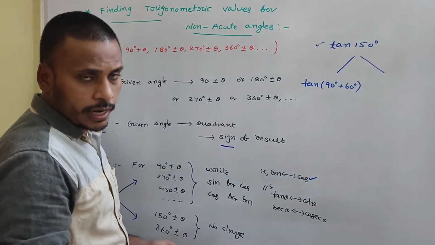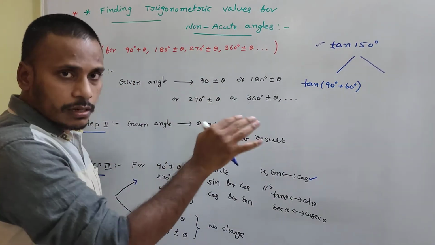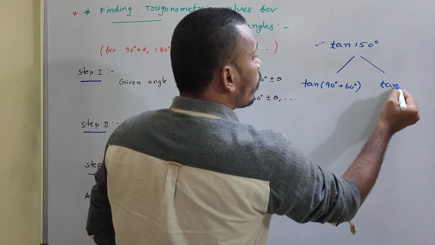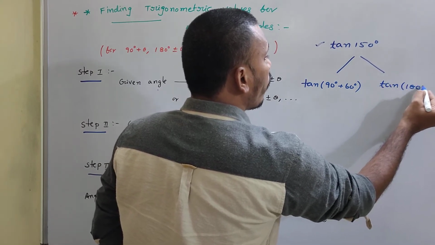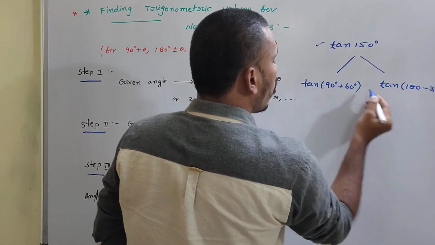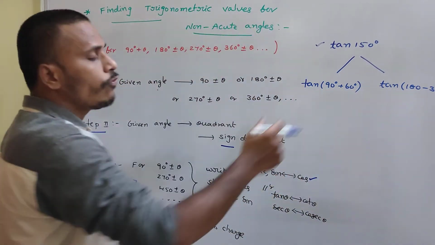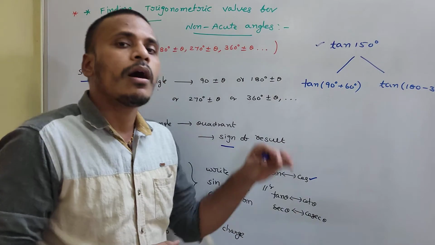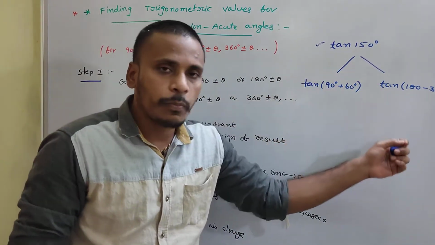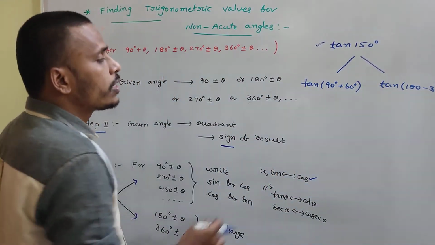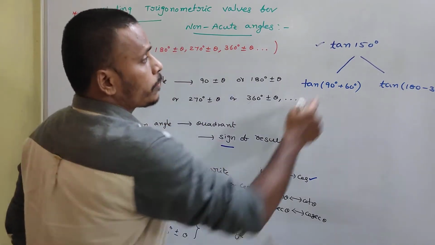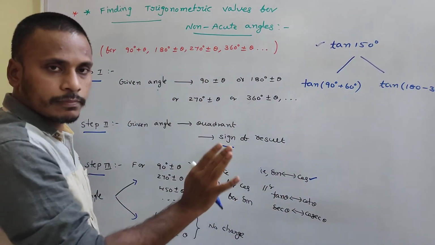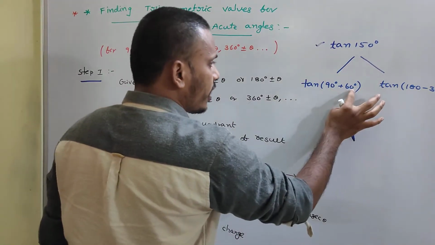Or the other way is expressing tan 150 degrees as tan of 180 minus 30. You can go in any one way, no problem, but as an initial problem I am giving you the explanation in both ways. Now, if you move this way, expressing 150 as 90 plus 60, this is step 1, expressing the given angle like this.